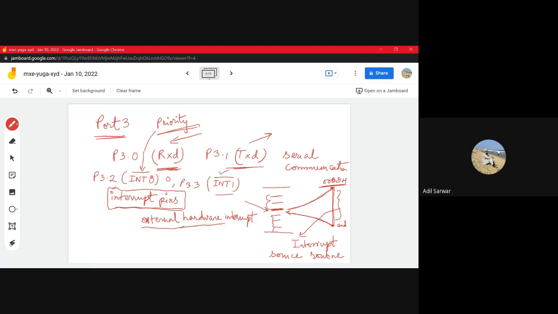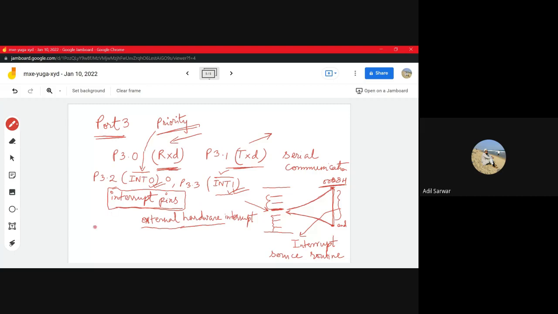So if both interrupts occur at the same time, the INT0 interrupt will be serviced first, and INT1 would be put in a queue. Once the INT0 service routine is executed, the INT1 service routine is executed, and then control moves back to the main program. So this is how it happens.